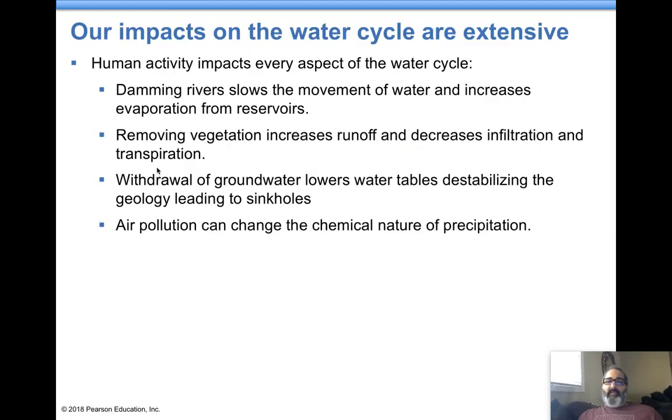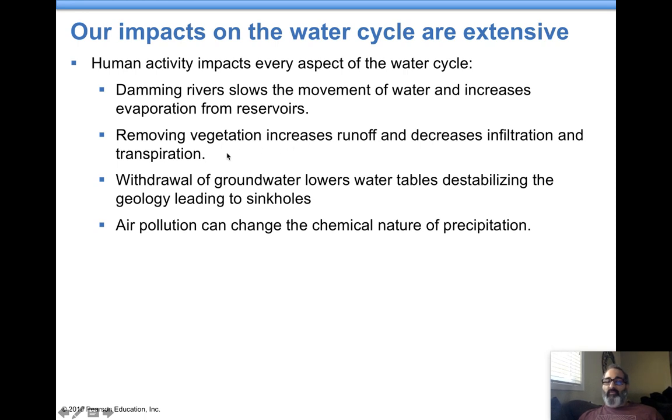How do we affect the water cycle? Like I said, we have a whole chapter on water coming up. We're going to talk about it more there, but the biggest effects are damming of rivers. We change the way water flows, and this has a lot of impacts. Removing vegetation means more water runs off rather than making its way through the plants and through the ground and into the groundwater.